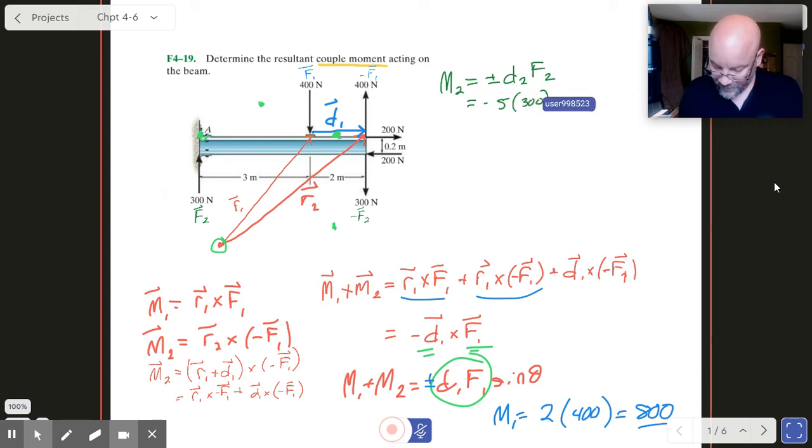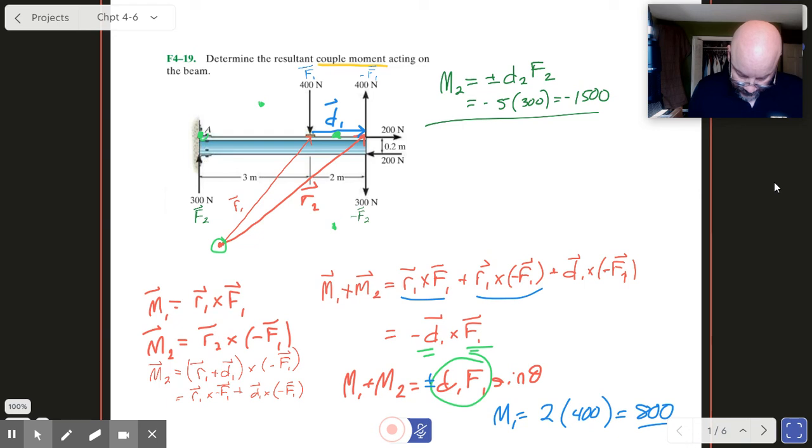So we get minus 1500 that way. Then we've got one more force pair. Let me call this guy F3. So that makes the other one negative F3.